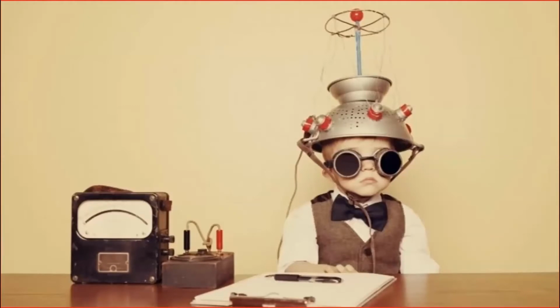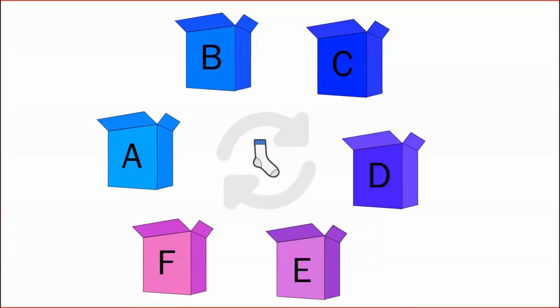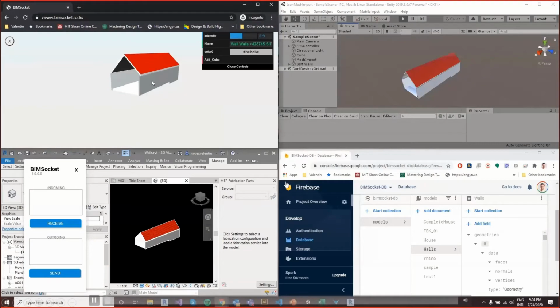So now that you're already connected, what crazy things can you do with it? Let's start with the simplest thing you can do: having a common socket between different programs. For example, here, we have a 3JS viewer that we developed, Revit, Unity, and the database.